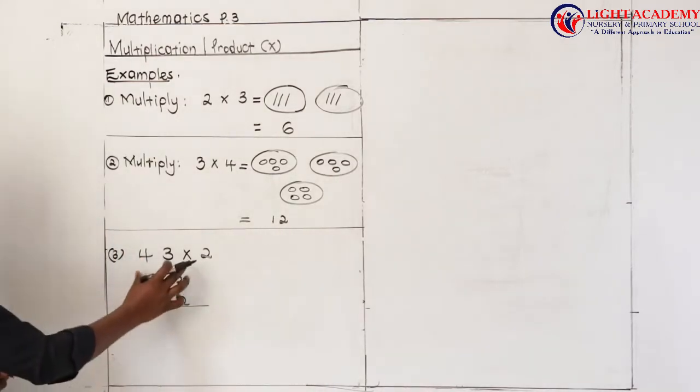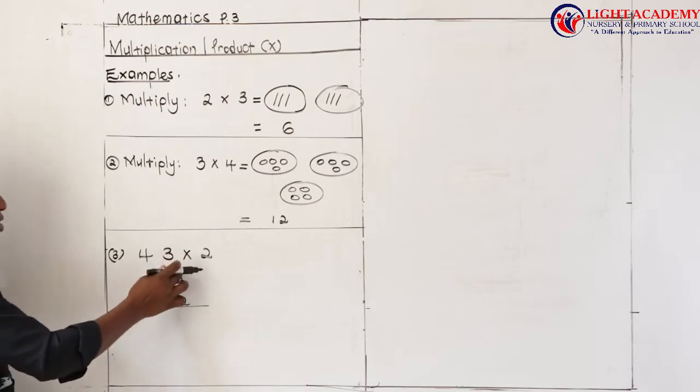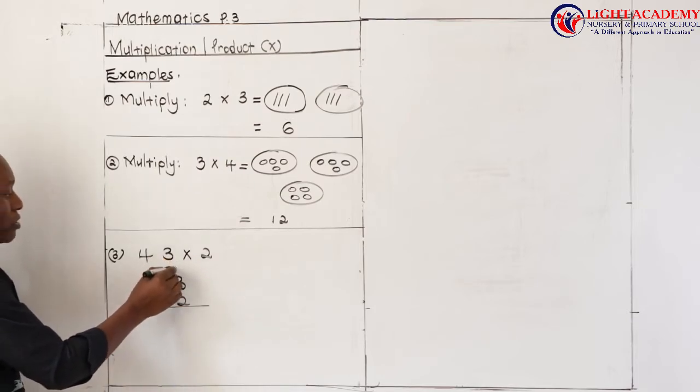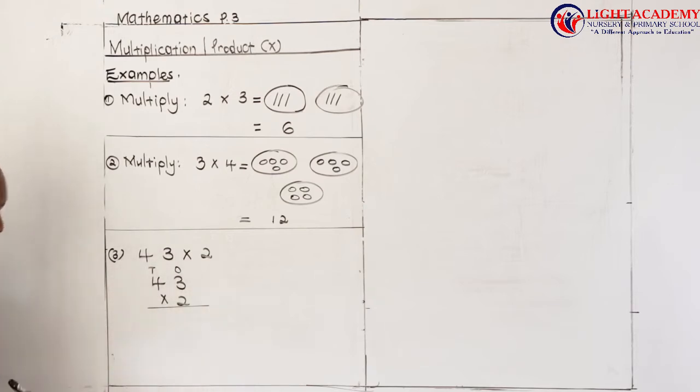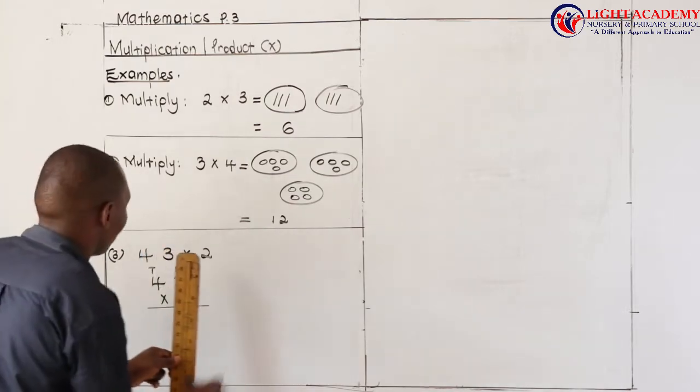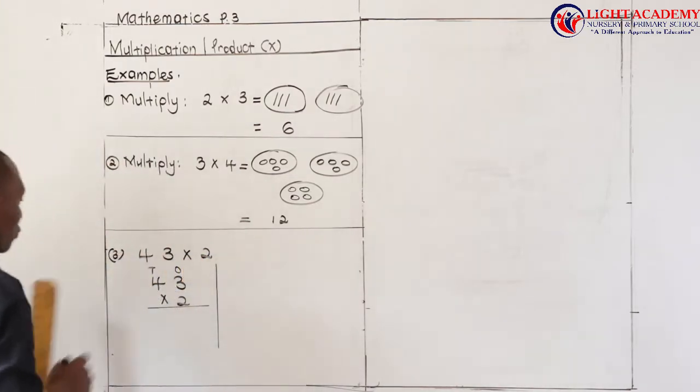So when I write this in a vertical form, I actually look at the place values, just like you saw them earlier on. So number 3 is under the 1's place value. Then number 4 is under the 10's place value. How do I multiply these numbers? I will just go to the side work here, okay?